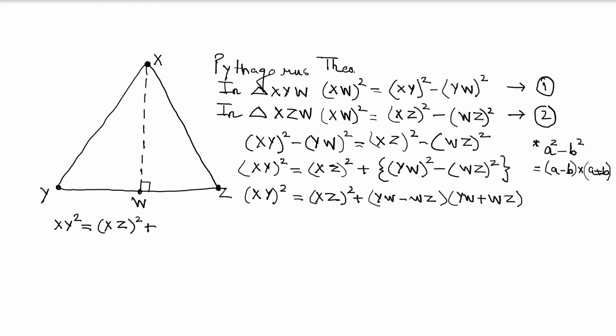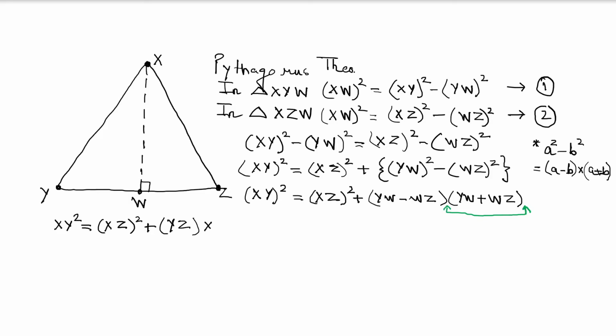So this can be converted into YZ, because YZ is nothing but YW plus WZ, and these are three collinear points.